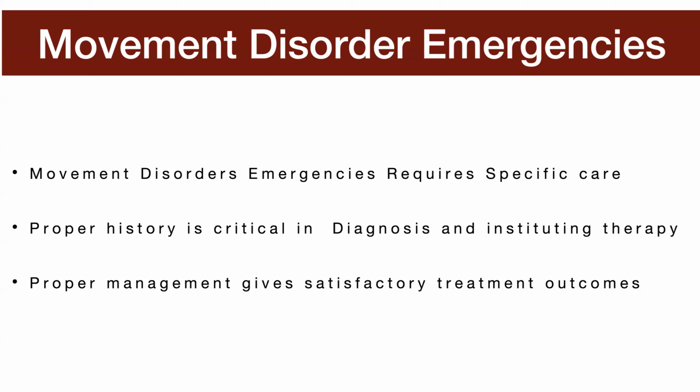Avoiding going into an advanced phase means things can be managed at prodromal or early stages before it ends up as a severe form of the symptom. Proper management does give a good, satisfactory outcome, not only for the treating doctors, but for patients, families, and everyone, which should be appropriately assessed and managed.